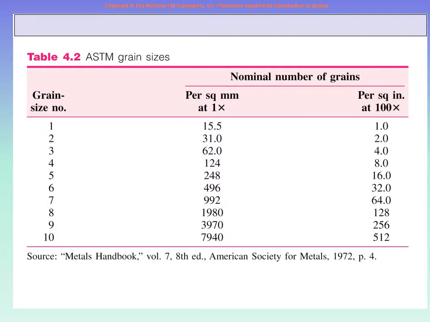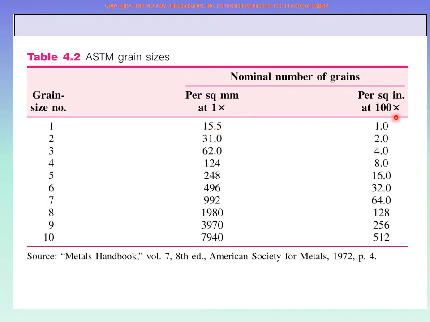Here there is a table of grain size numbers 1 to 10: how many grains we see in 1 square millimeter, and how many grains we see at a magnification of 100. This is a magnification of 1, normal, without any microscope. So in 1 square millimeter, how many grains do we see?